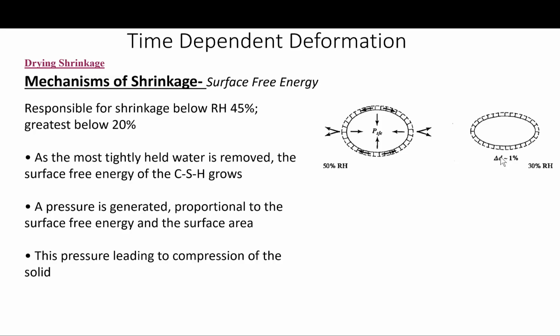As you know, most of the tightly held water is removed. The surface free energy of the calcium silicate hydrate gel grows, okay? A pressure is generated, proportional to the surface free energy and the surface area of the particles. And this pressure will lead to compression of the solid, as you can see right here, okay?